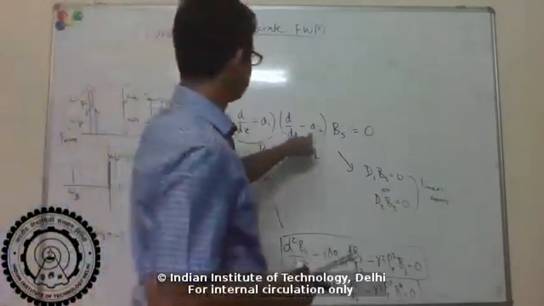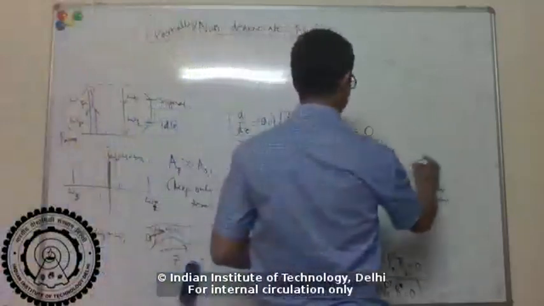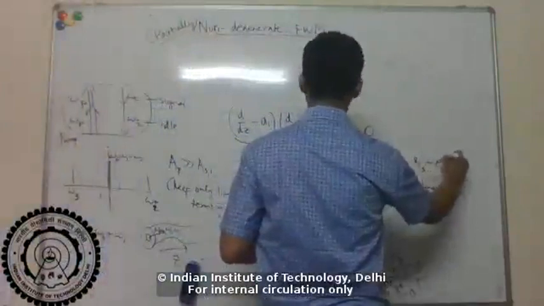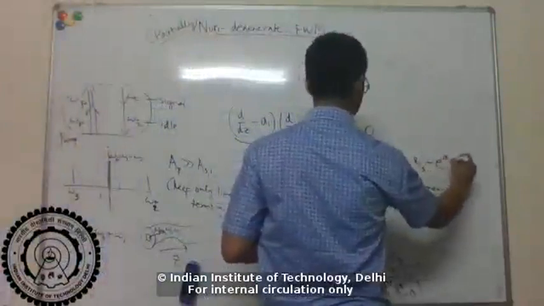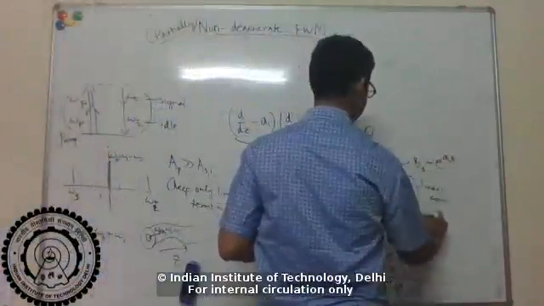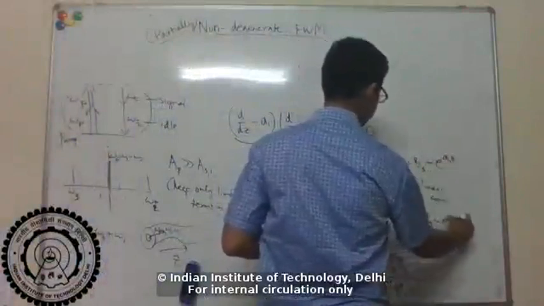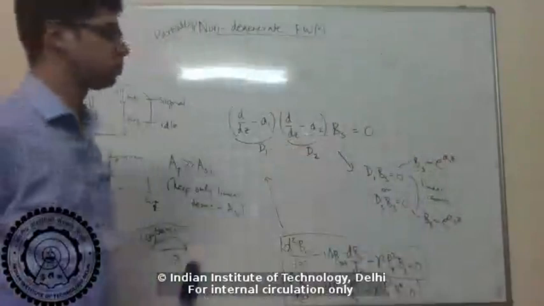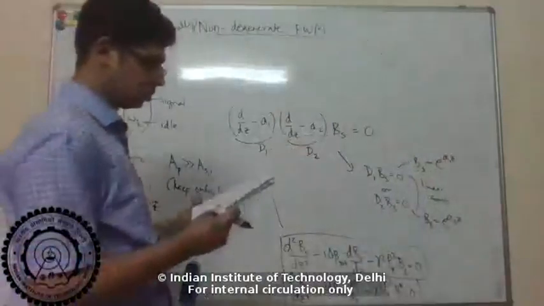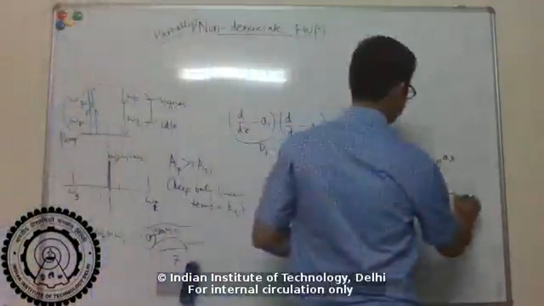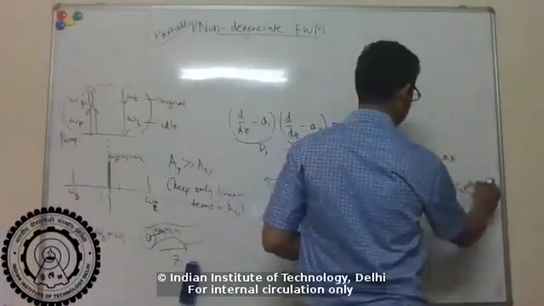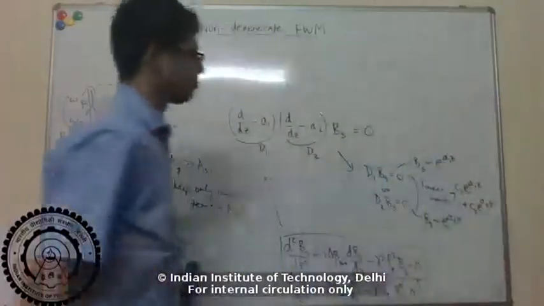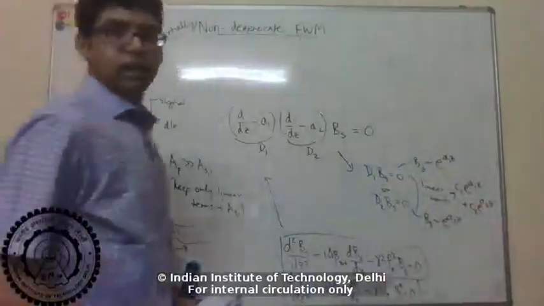Okay, so the solution to this would be just something which goes as e to the A1z. This one will be e to the A2z. So the general solution will be something like C1 e to the A1z plus C2 e to the A2z.